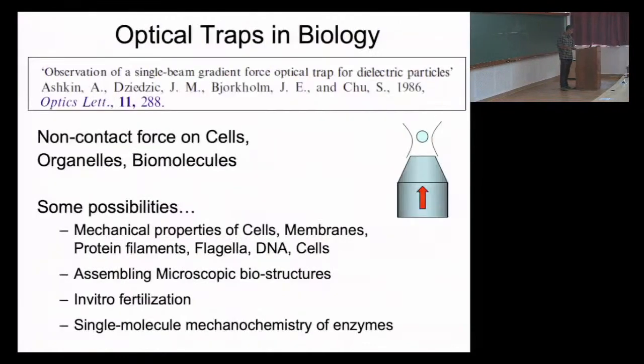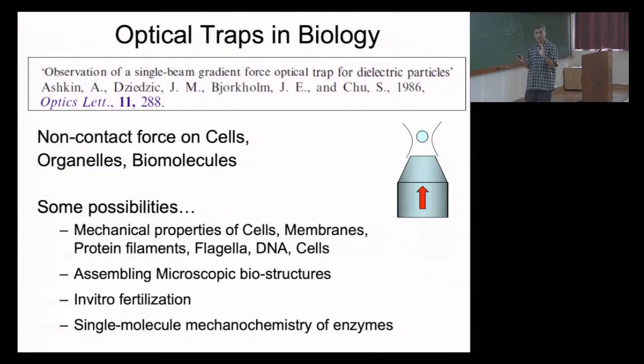So before that, there are a lot of possibilities in biology, and many of them have actually been realized. Apart from using a magnet, I can't think of any other way in which you can exert force at a distance.